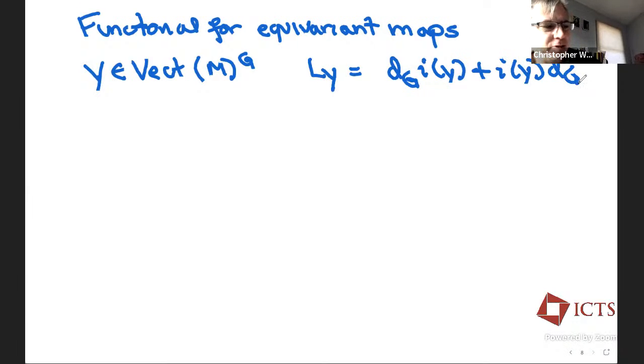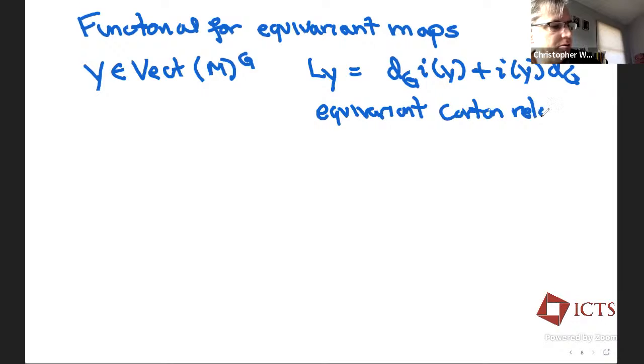The point is you have an additional term coming from i_X, but the i_X and the i_Y cancel each other out when you multiply this out. So you have an equivariant Cartan relation, and that tells you that this thing is homotopy invariant for equivariant homotopies of equivariant maps.